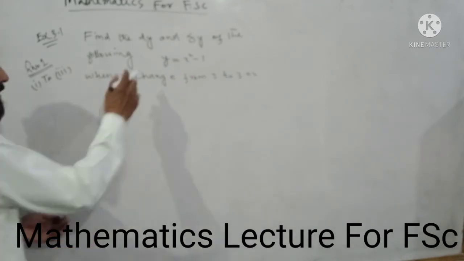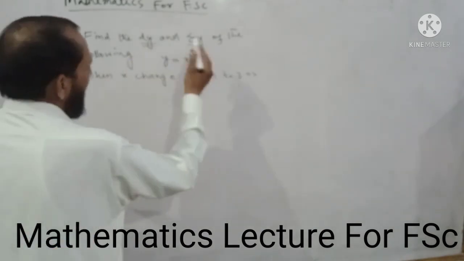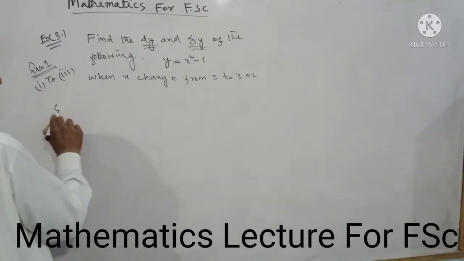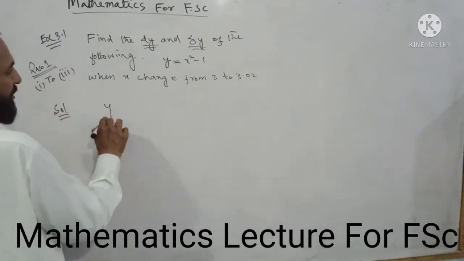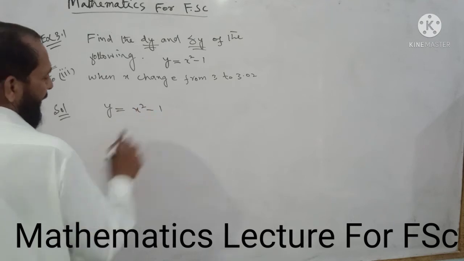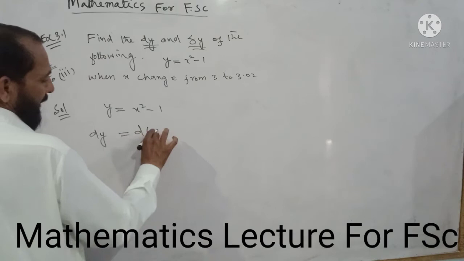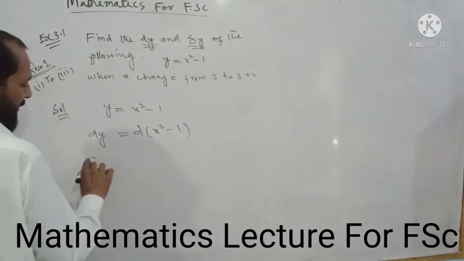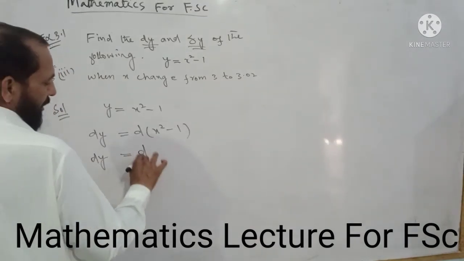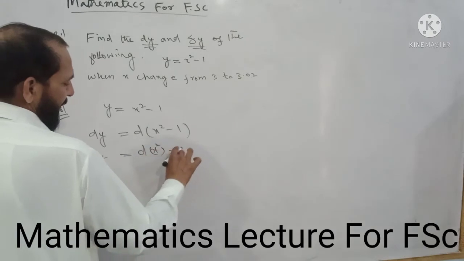So we can start. Here we can find two parts. First of all, we take the statement of the question, x square minus 1. We operate d in this question, where d is the derivative.